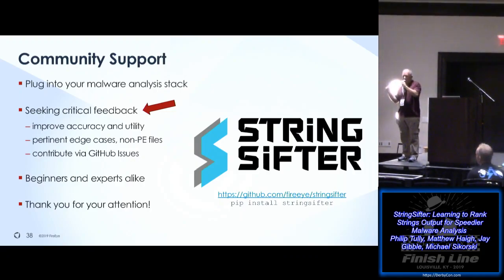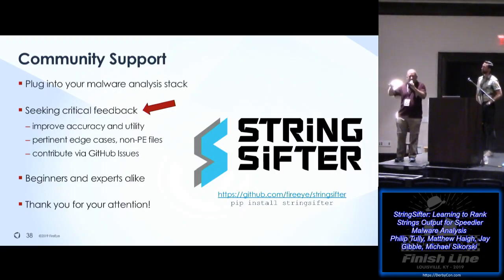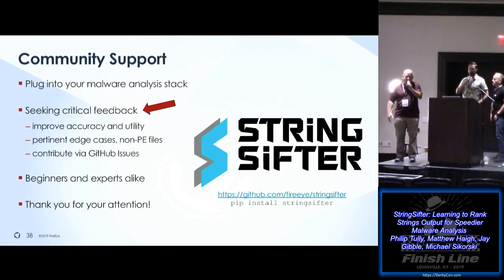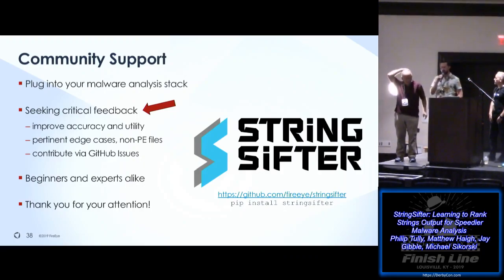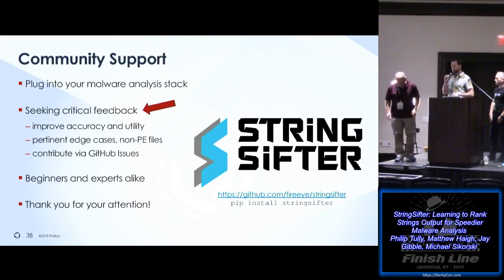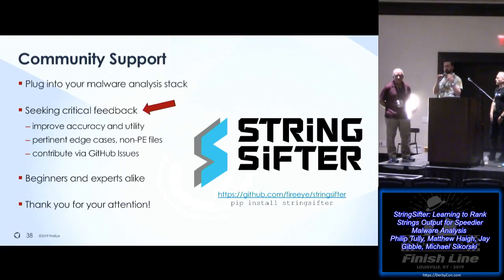The first question was, we have special handling for "This program cannot be run in DOS mode." If there's a typo in that or some deviation from that, would it have been pushed down like it was, or pushed up? It's a great question. That specific string is part of a little bit of a whitelist that we have, as a feature. But we also have other features like these randomness scores.